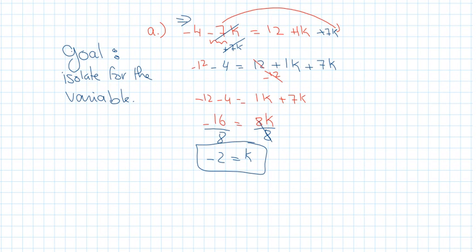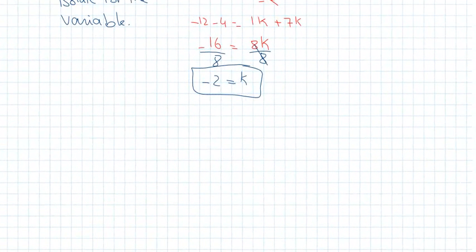My original equation was this. That was my original equation. Now I know that k is negative 2. That's what I solved for.